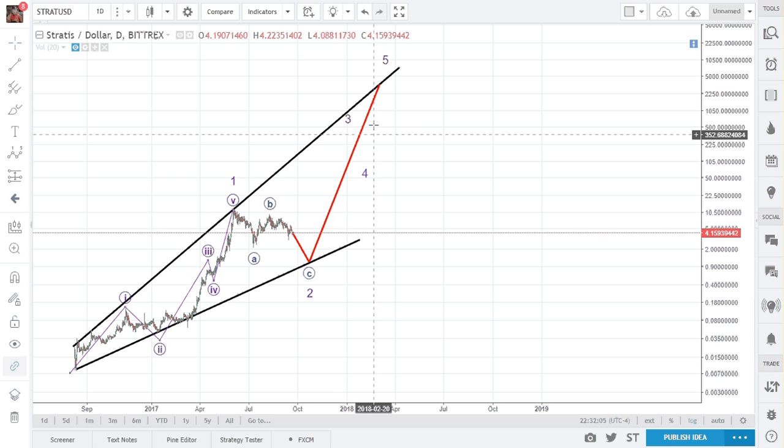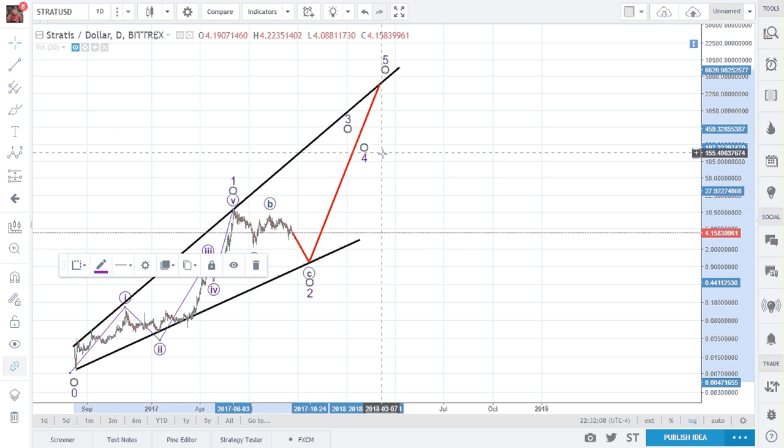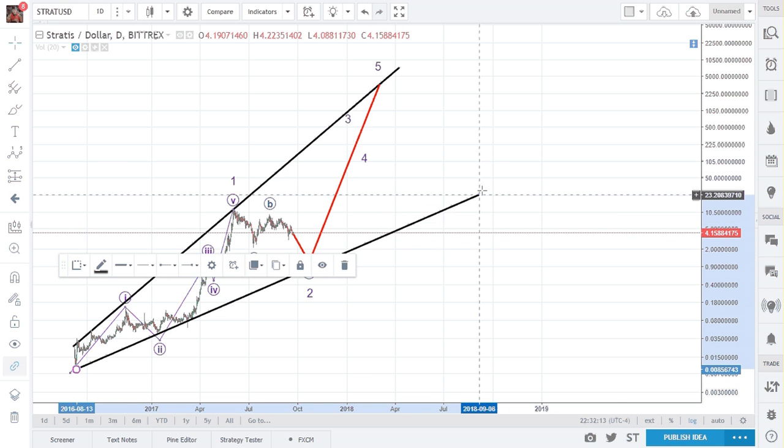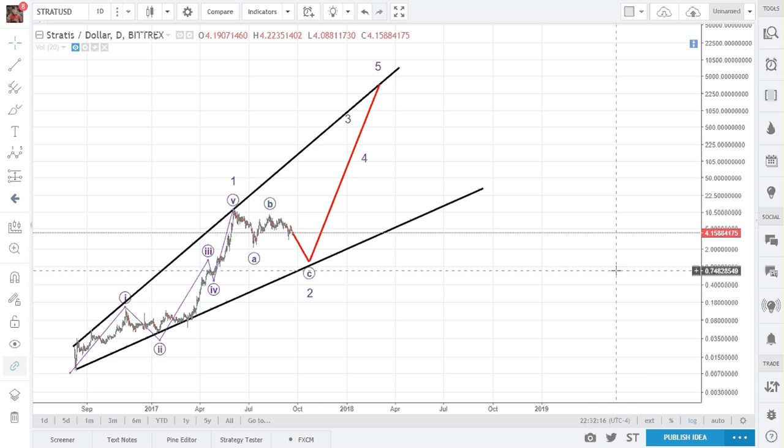This is a potential scenario that I could also be looking at if you're looking at it in a log format.